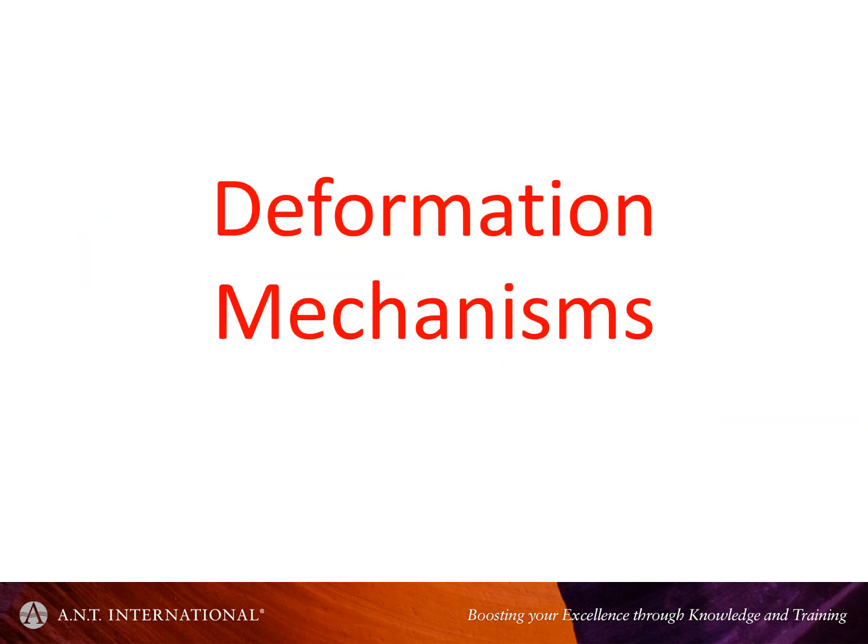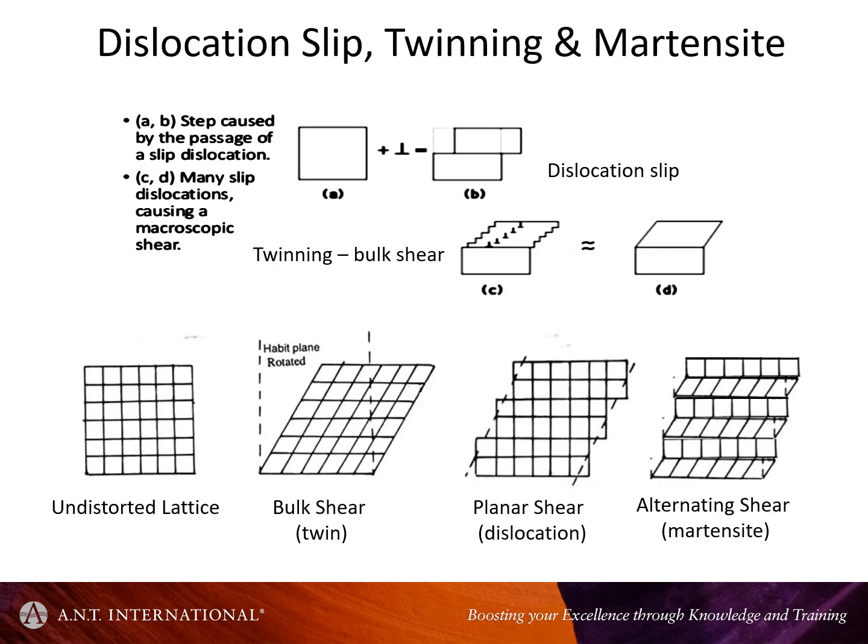Okay, I said that we'd go on to deformation mechanisms, so let's consider those. Plastic deformation in this particular case, compared to the elastic effects we were just talking about. There are two main ways in which a material can deform. It can either shear along a slip plane.